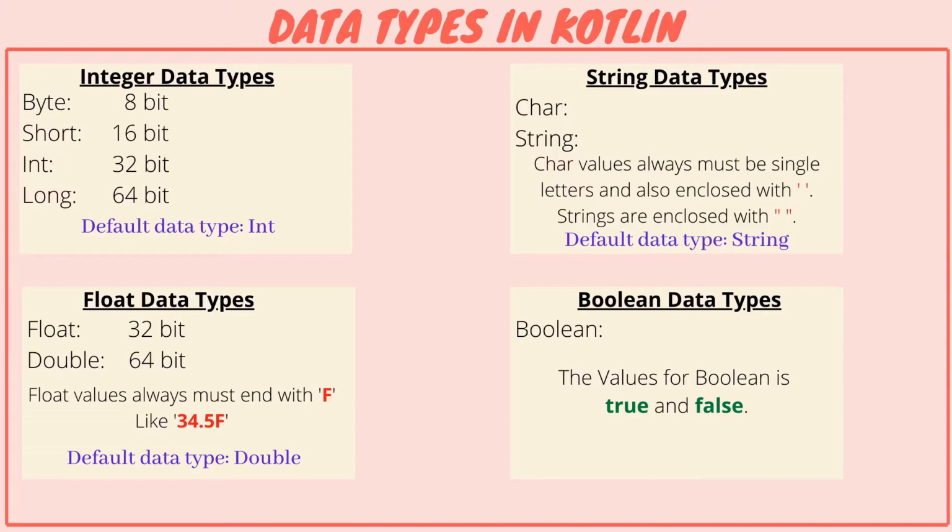Then we have strings. So strings are like two parts, character and string. A character is a single letter value which is enclosed in single quotation marks. Make sure that only single quotation works for a character. When you assign a double quoted letter to a character, you get an error because double quotations are used only for assigning strings.